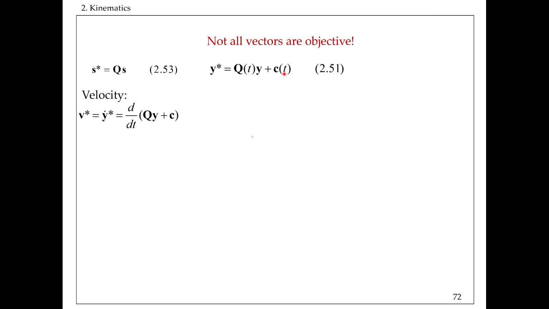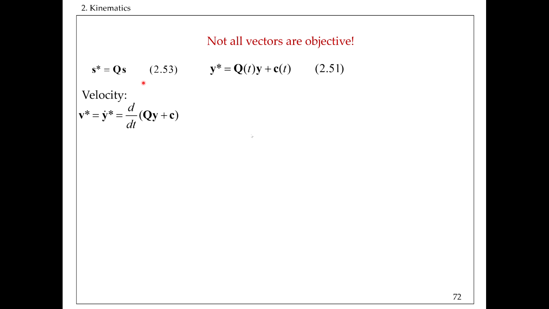And so we take this 241 and simply substitute it instead of y in the parentheses, and then we just take the derivative with respect to t, because that's basically what the dot represents. We're calculating that v star, and we want v star to obey 243, so v star would be equal to qv.